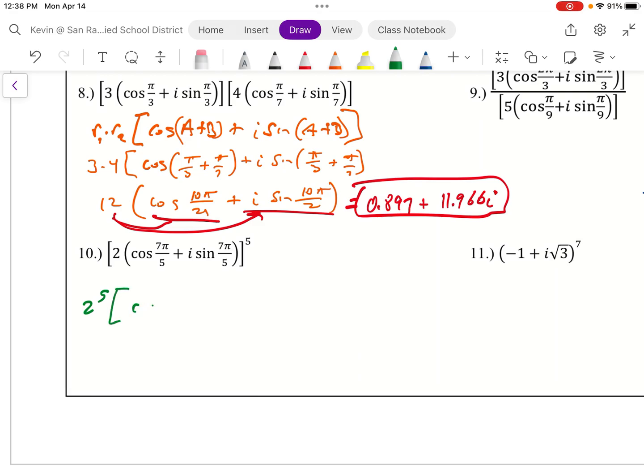Okay, so we're going to use the power property. We're going to take 2 to the 5th power, and then we're going to go cosine of 5 times 7 pi over 5 plus i sine of 5 times 7 pi over 5.